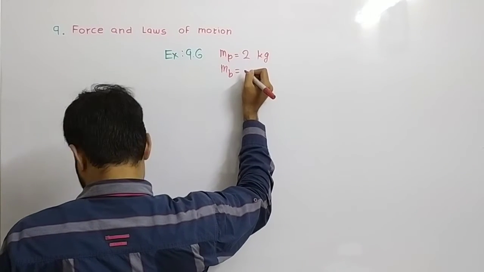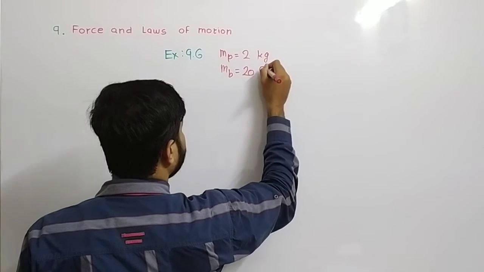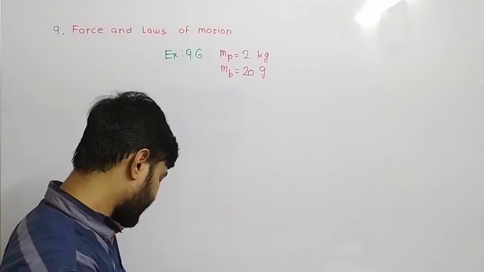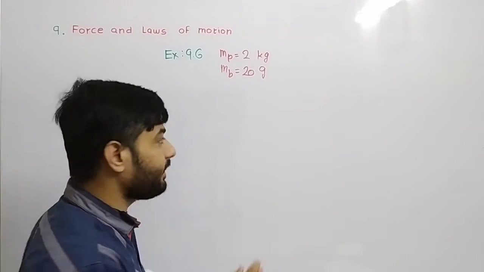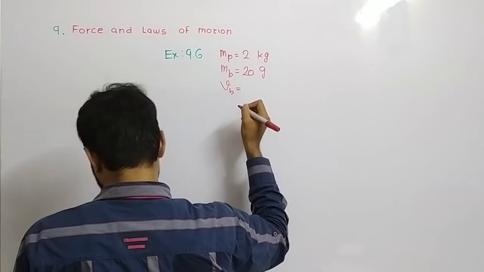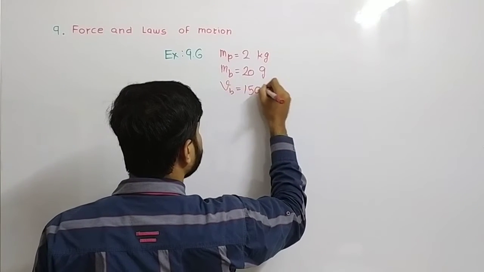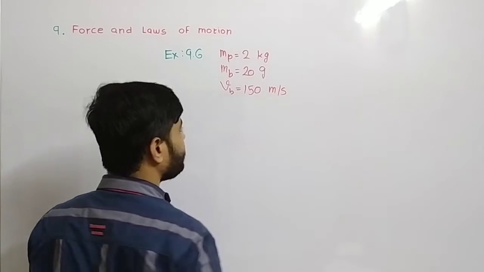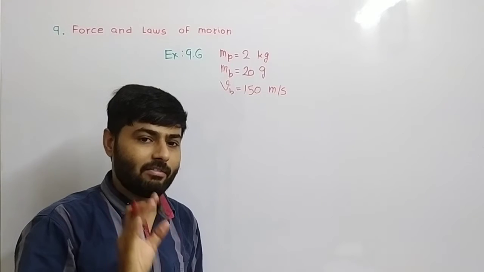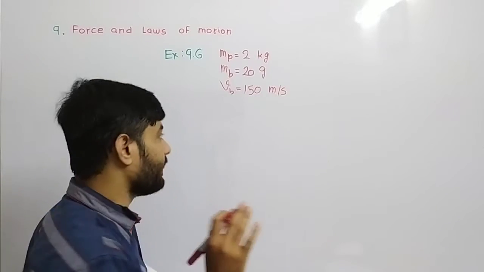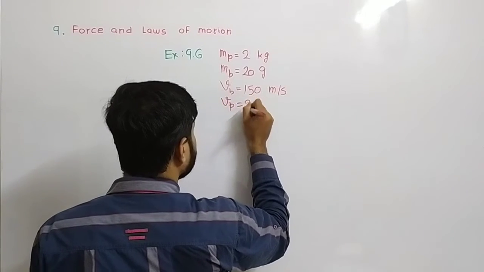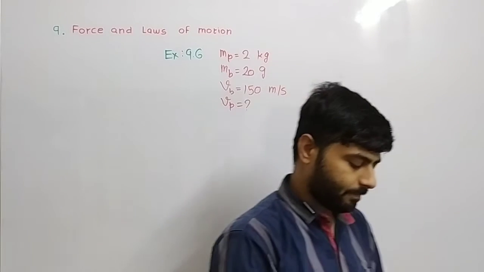MB is 20 gram, the mass of bullet is 20 gram. Velocity of bullet, VB, is equal to 150 meter per second. And what do I have to find? The recoil velocity of the gun, or say pistol. So VP is equal to question mark.